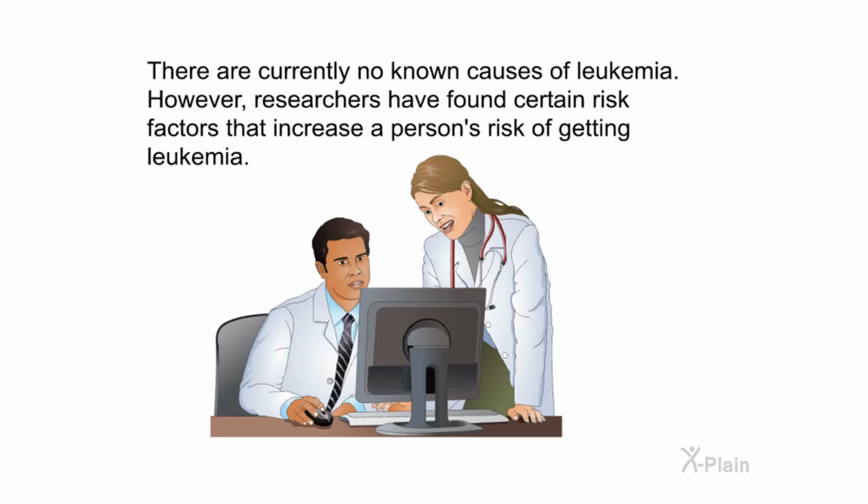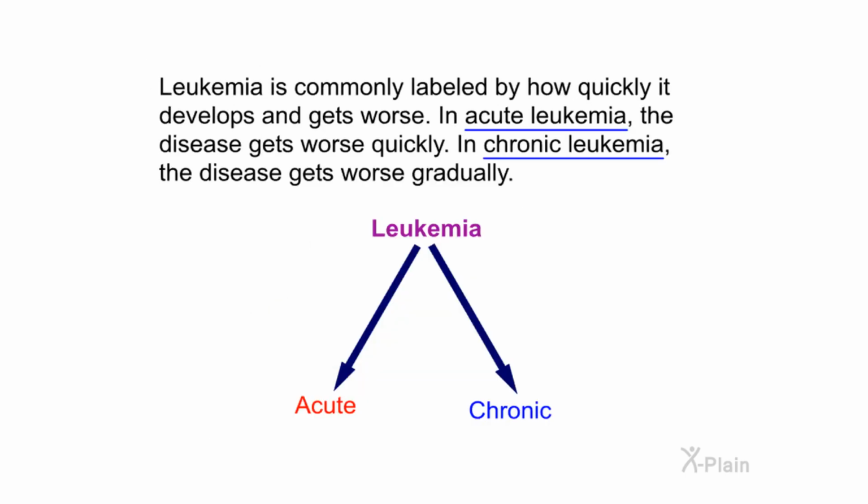There are currently no known causes of leukemia. However, researchers have found certain risk factors that increase a person's risk of getting leukemia. Leukemia is commonly labeled by how quickly it develops and gets worse. In acute leukemia, the disease gets worse quickly. In chronic leukemia, the disease gets worse gradually.